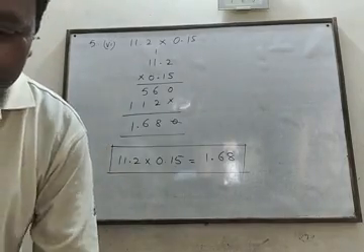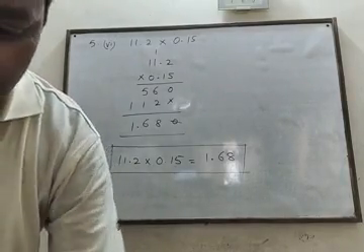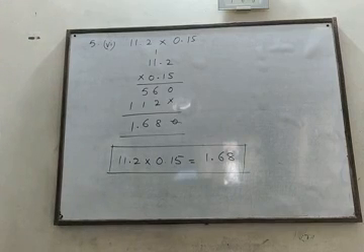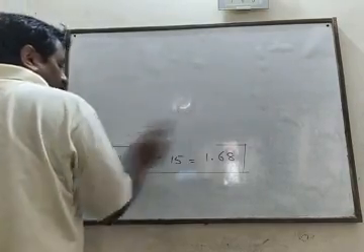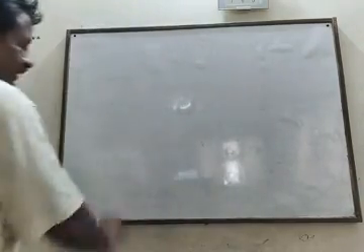Come to the next exercise, 2.7. Here the questions are related to division. Question number 1. Again, there are two kinds of rules: if the divisor contains a decimal, and if the divisor does not contain a decimal.